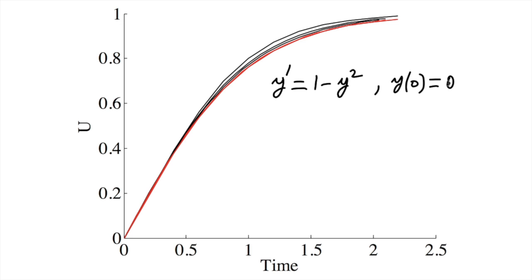Given this differential equation, we again take different step sizes, and there are 3 step size solutions compared here. So delta t of 0.2, 0.1, and 0.05 are compared here. 0.05 is the finest, which is going to have 10 steps over this interval, and so overall is going to have 10 plus 10 plus 10 plus 10, so total 40 steps, and red is the exact solution.